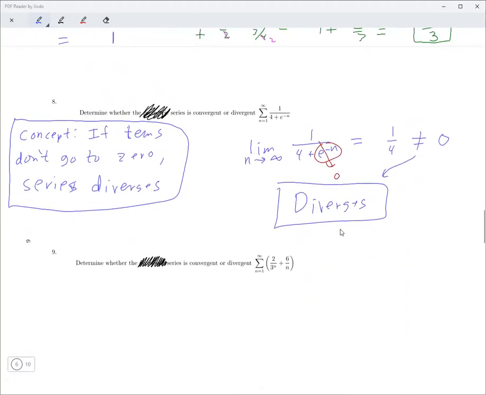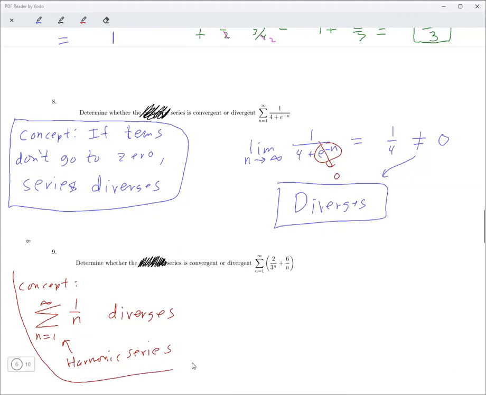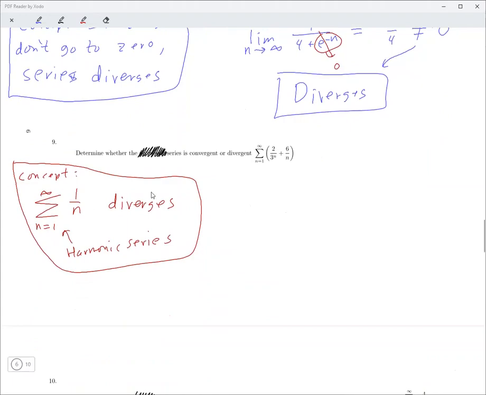The second concept is this series right here, which is called the harmonic series. It diverges. It's called the harmonic series. So that series diverges.